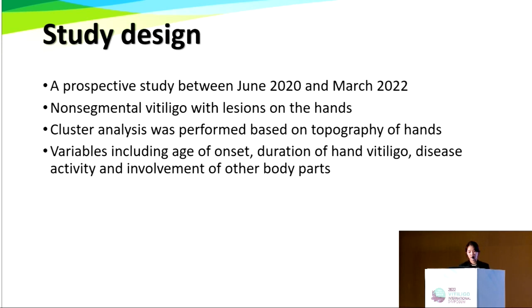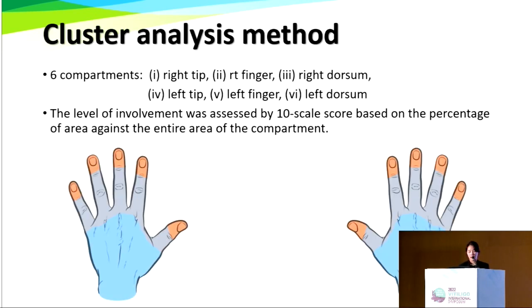So we prospectively enrolled non-segmental vitiligo patients with lesions on the hands, and cluster analysis was performed based on the topography of the hands. We divided the hands into the following 6 compartments. As you can see in the figure, the tip, colored in orange, was defined as the lesions from the DIP joint to the very end of the fingertip.